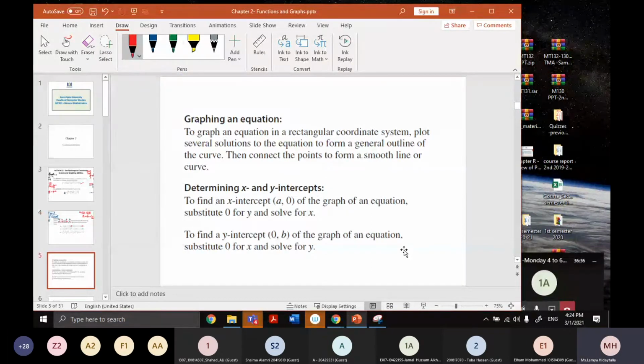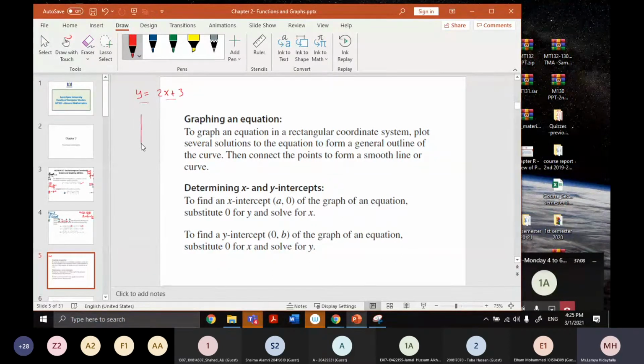So now if we have an equation and we want to graph it, what do we do, how can we make the graph of that? In particular, if we're dealing with a linear equation in 2 variables, for example y equals 2x plus 3, how can we plot that and what is the graph?